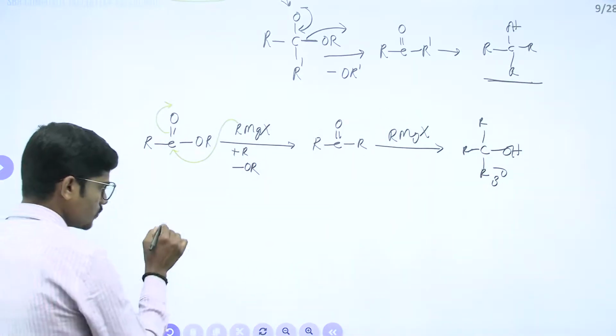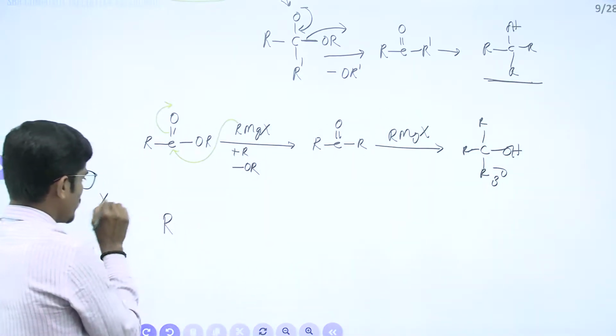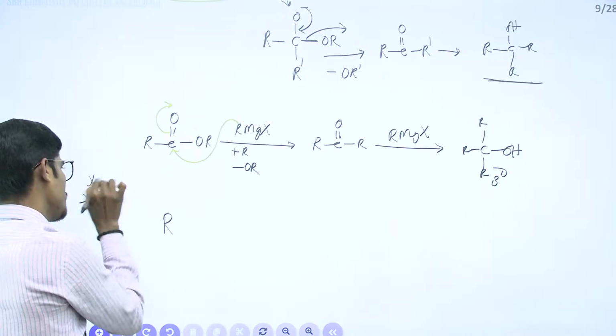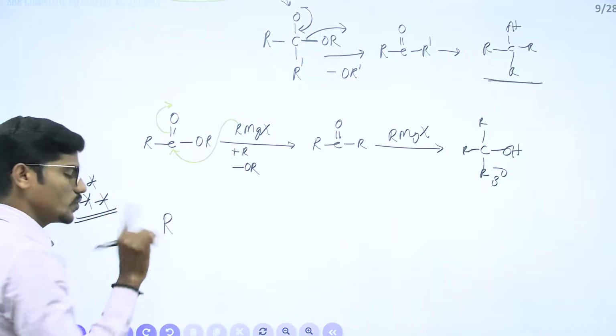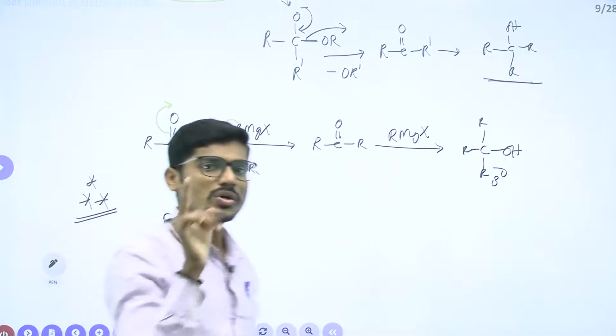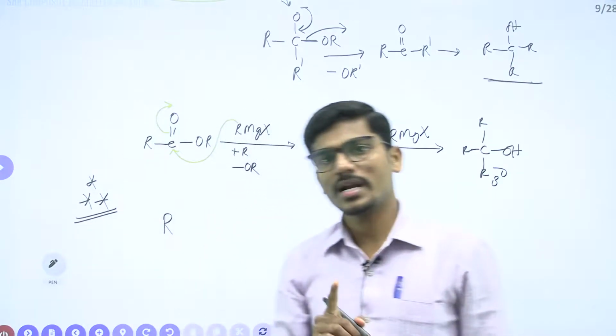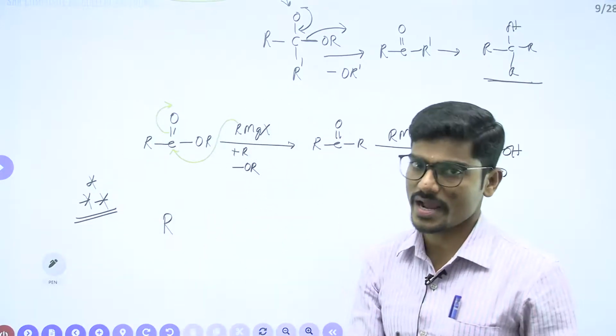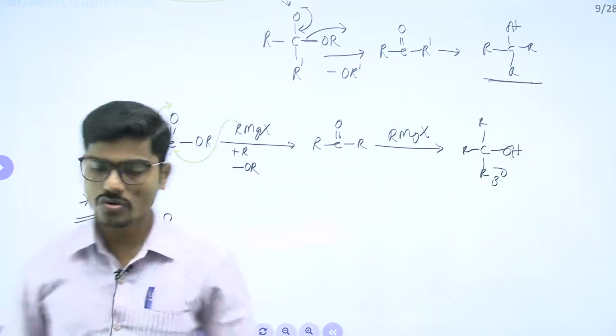What about with oxirane? Remember, this is also an important reaction, used in order to increase the number of carbon atoms compared with the reactant. We can use oxirane.